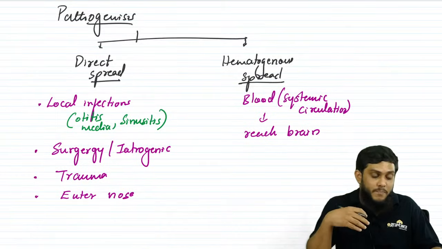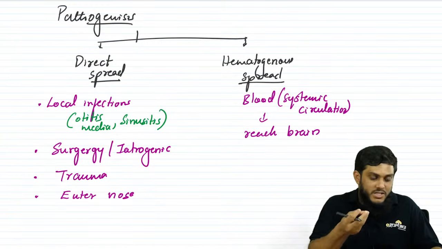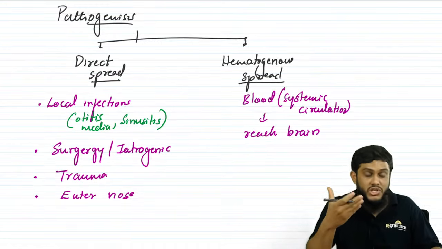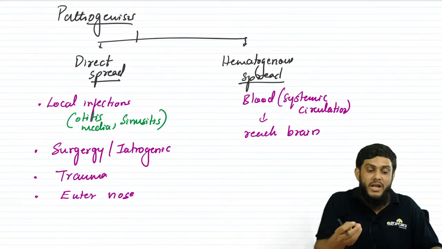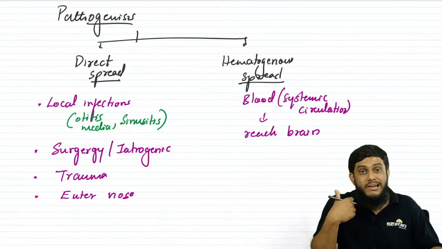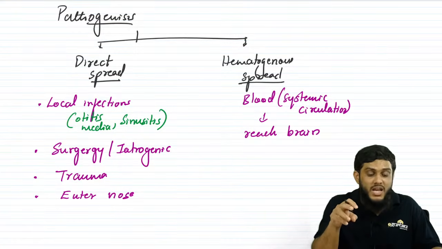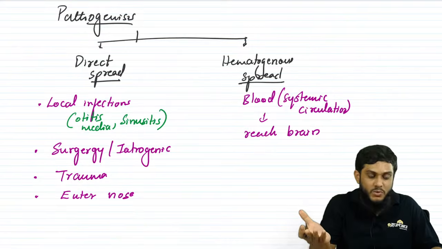So the organism may reach the brain directly or via the blood route. Directly means due to any local infections or due to surgery or trauma or via the nose. From these areas, they directly enter into the brain, whereas in hematogenous spread, whatever route they may enter, ultimately they will reach the blood. When they reach the blood, and via blood they reach the brain, that is what we call hematogenous spread.